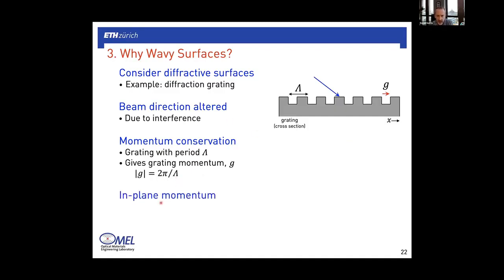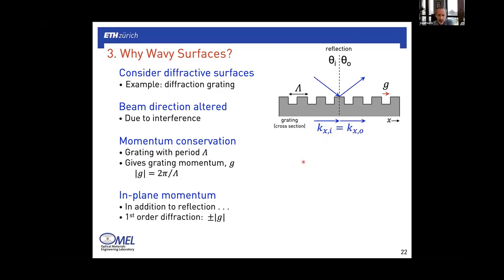And so if we consider the in-plane momentum of this photon that's coming in, in addition to reflection, where we know the angle of incidence equals the angle of the output, so the in-plane momentum, or wave vector, which is our stand-in for momentum, is just the same, we will also have the possibility of diffraction. So if we restrict ourselves to first order diffraction, we're basically adding or subtracting 1 unit of this grating momentum vector g.